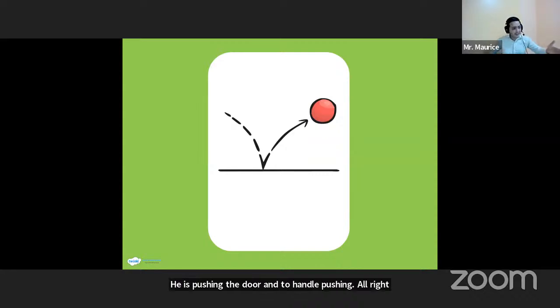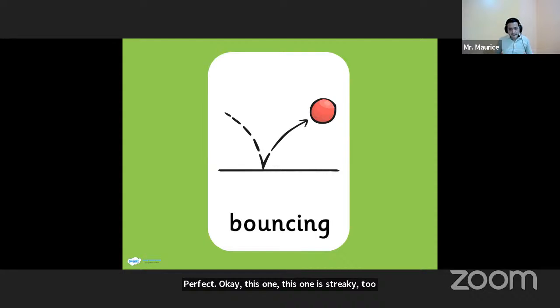Okay, this one is tricky too. Let me help you. Bouncing. En inglés hay varios verbos que indican una acción muy parecida, como jump. La otra que vimos es hopping y esta es bouncing. Bouncing es rebotando, correcto. The ball is bouncing.